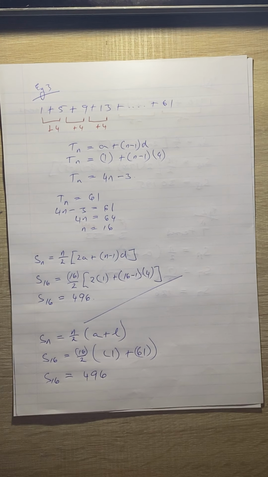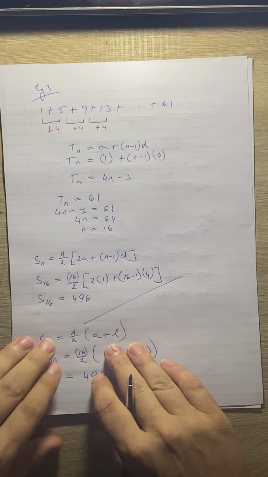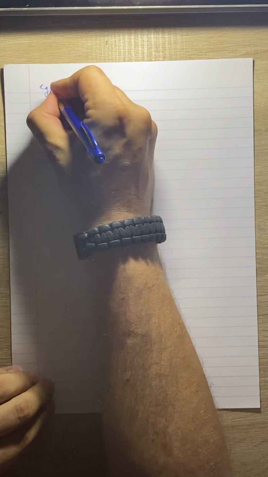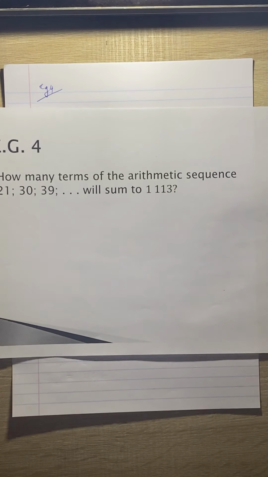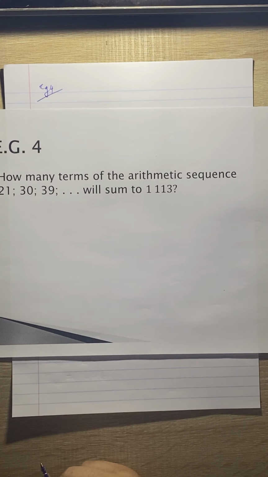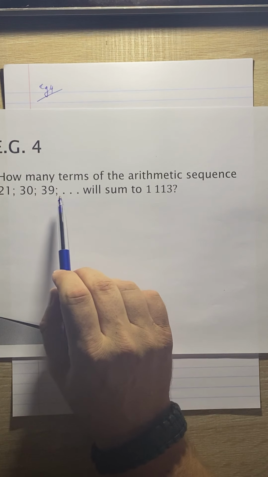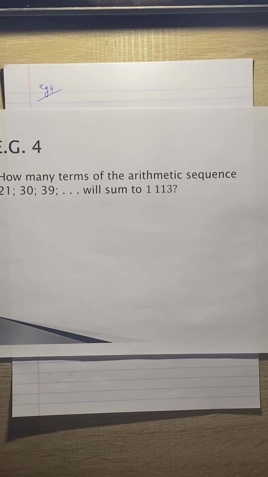Example 4. Example 4 is saying how many terms of the arithmetic sequence 21, 30, 39 will sum to 1113.